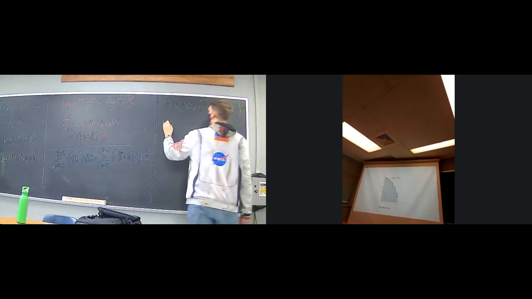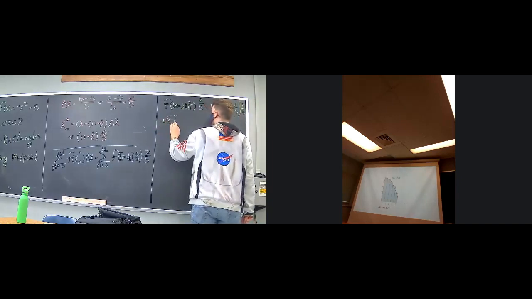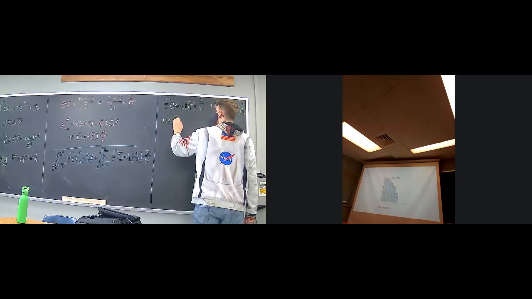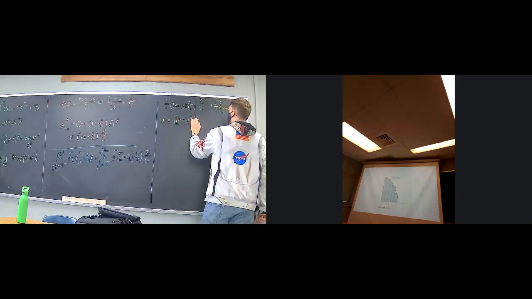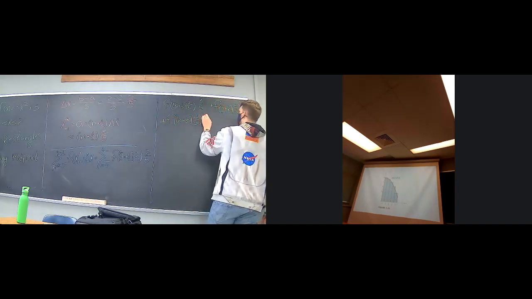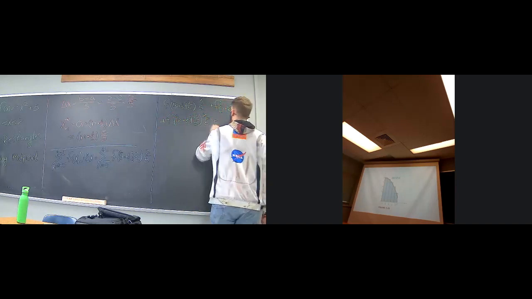Now we're going to have n at 2, right? And it's going to be 2 now, plus 1/2, 2 over 5, 2 over 5, plus f.